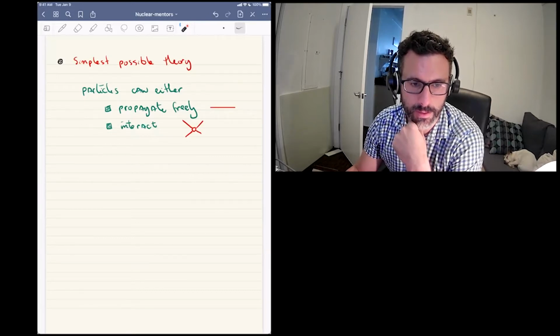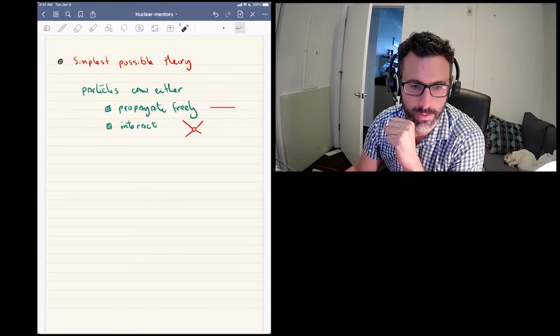So, I'm seeing a couple more questions. So can we separate fields? For example, electric and magnetic fields should be interwoven with the photon fields.